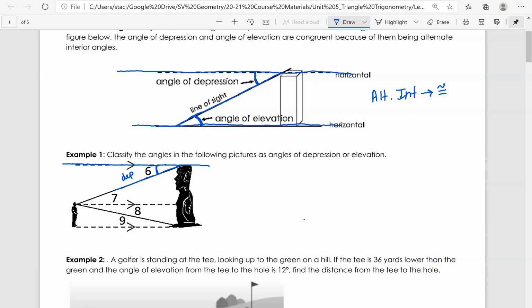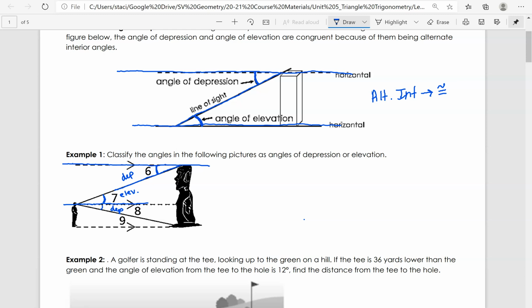In angle 7, here is my horizontal line, and from the horizontal line, my line of sight is now going upwards, and so this angle here is an angle of elevation. And then for angle 8, this one would be an angle of depression, because I have my horizontal line, and then I'm looking downwards towards the feet of the statue.